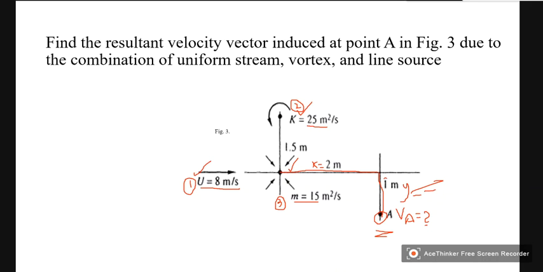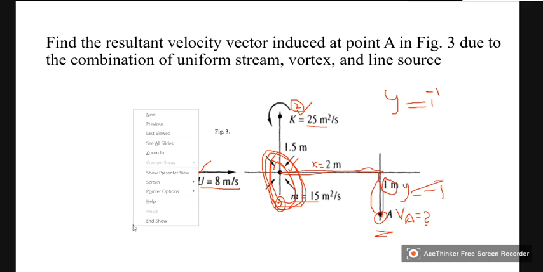Y is equal to minus 1 with respect to source we are discussing. So this distance is 2 and this is minus 1.